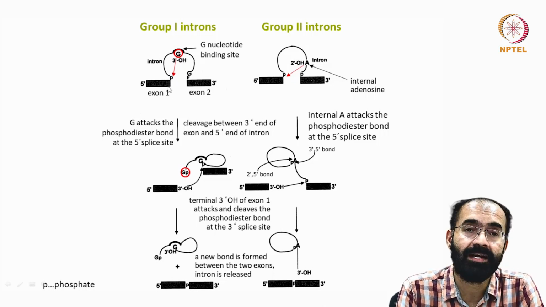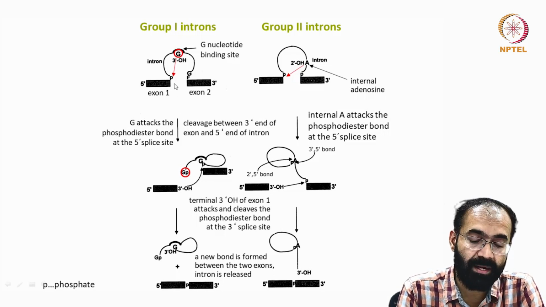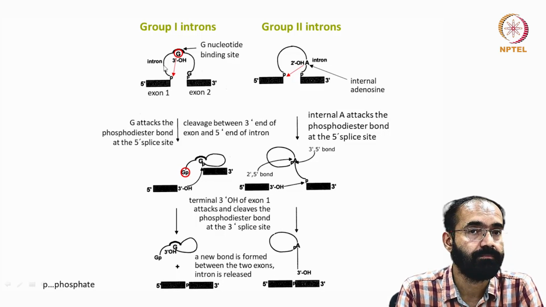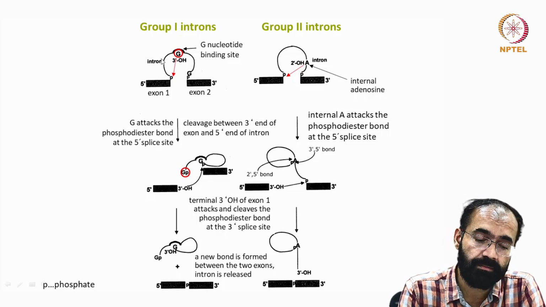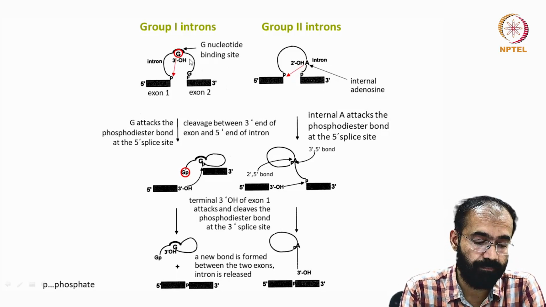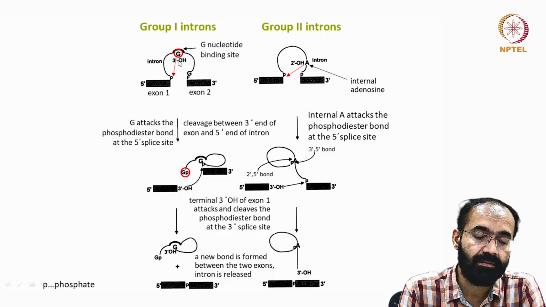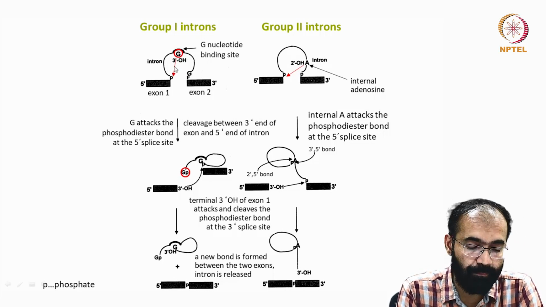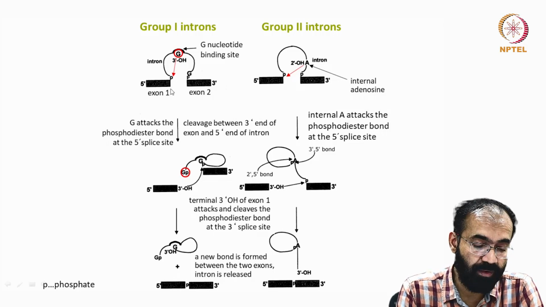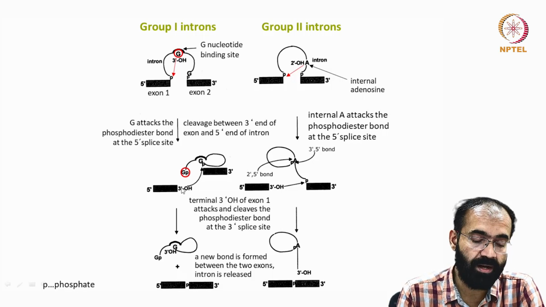The exon 1 now has a free OH. Earlier it was not there. The 3' OH was part of this long RNA chain, part of the phosphodiester backbone. But once this nucleophilic attack happened, you will have a free OH from the first exon.